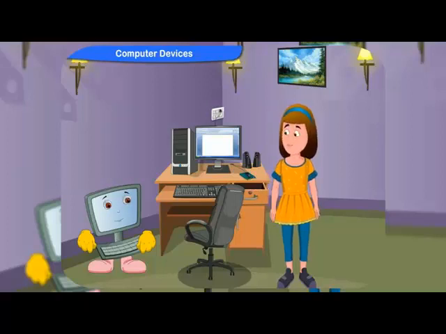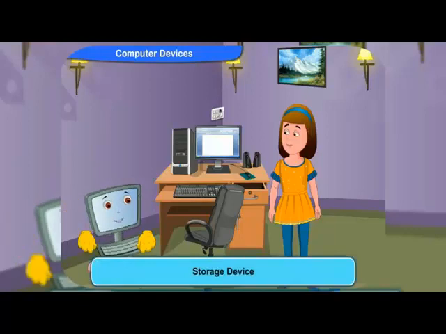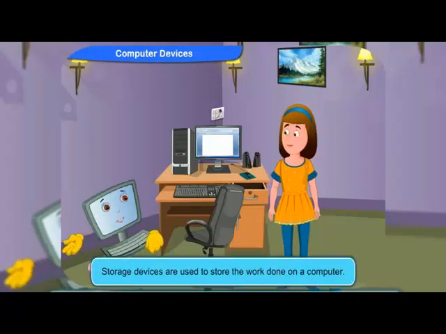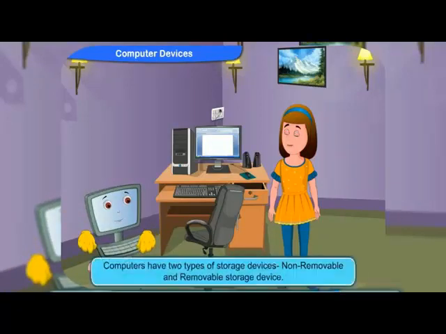I need to save them in my pen drive. You surely can, Rini. That reminds me, is the pen drive also an input device? Well, no, Rini. The pen drive is a storage device. Storage device? Storage devices are devices which are used to store the work done on a computer.